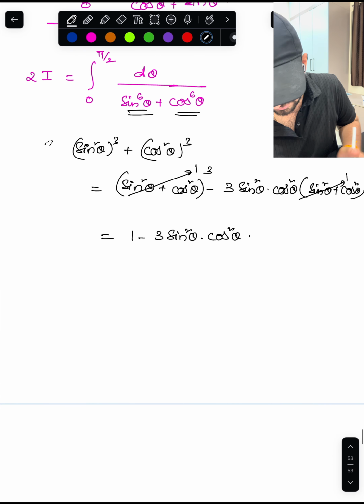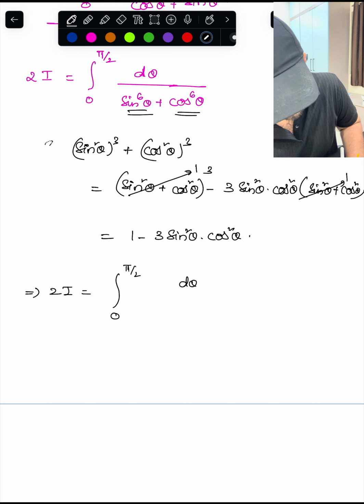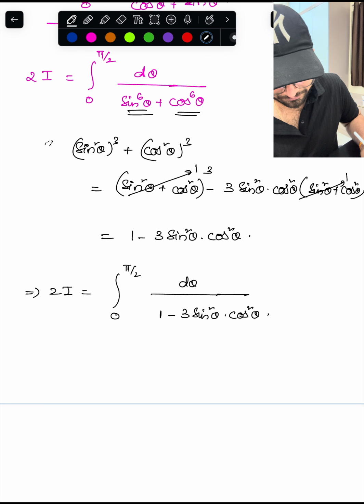So 2I is the integral from 0 to pi by 2 of d theta by 1 minus 3 sine square theta cos square theta.